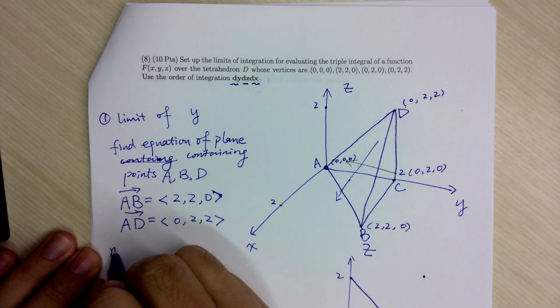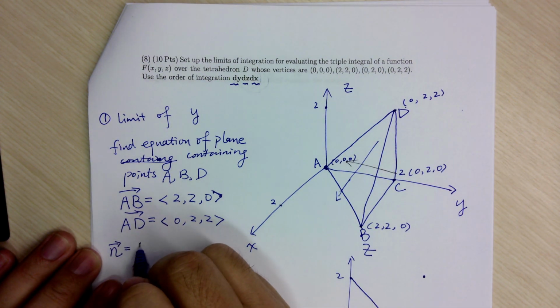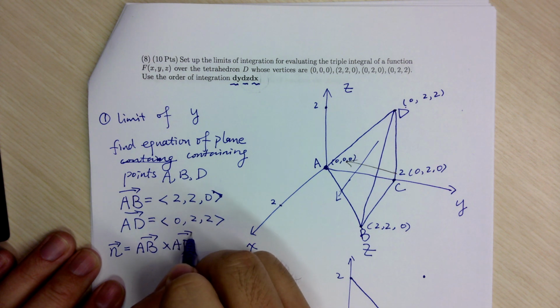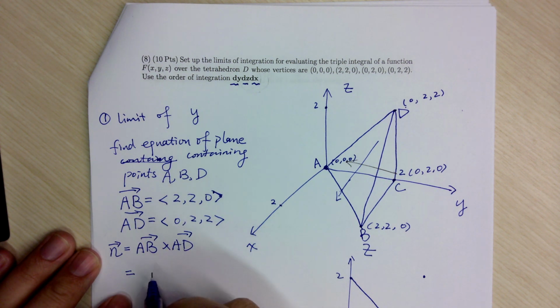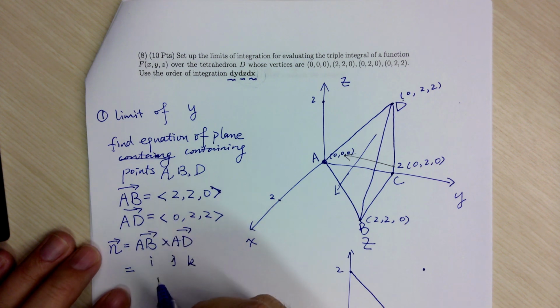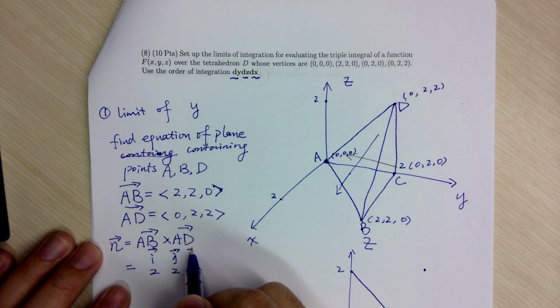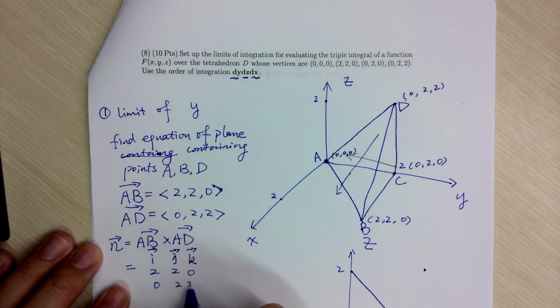The normal vector is AB cross AD, which is the determinant with i, j, k, then 2, 2, 0 and 0, 2, 2. Let's put the arrows here to be more standard.